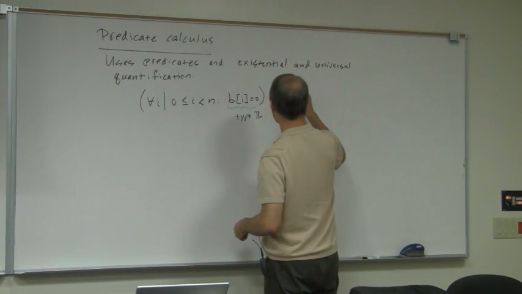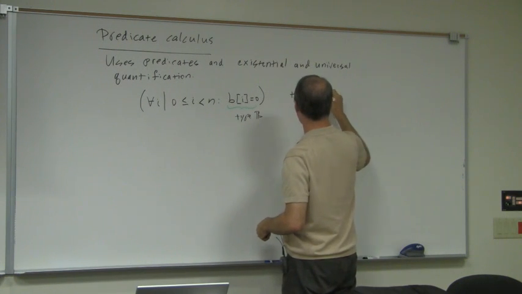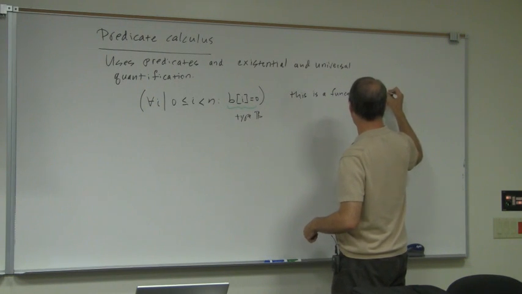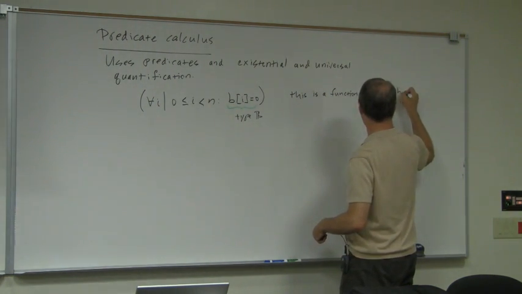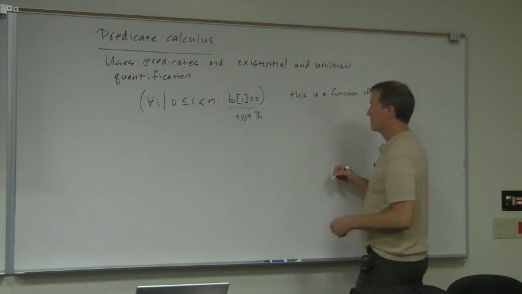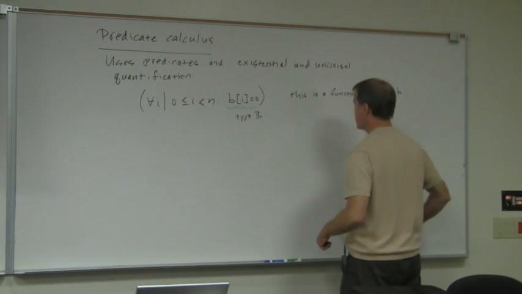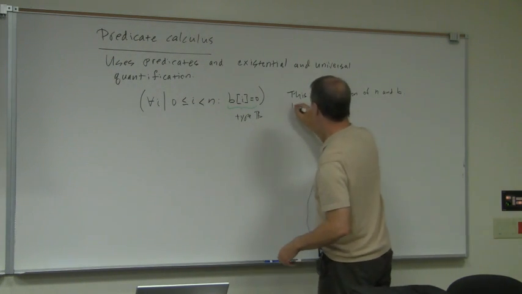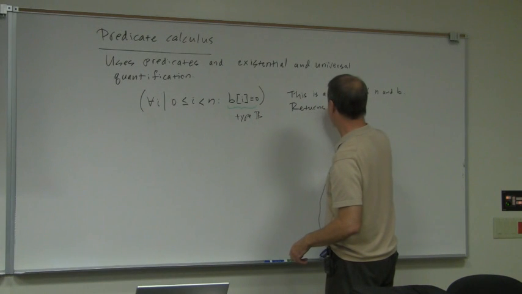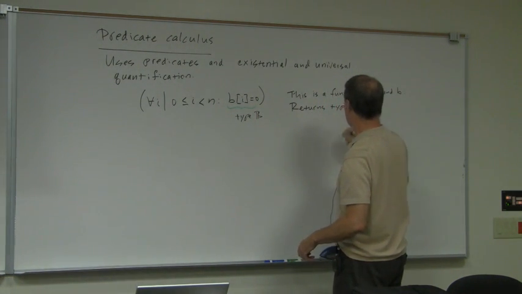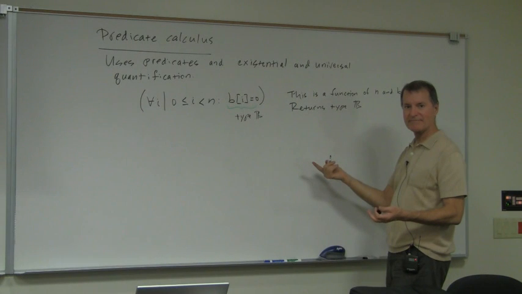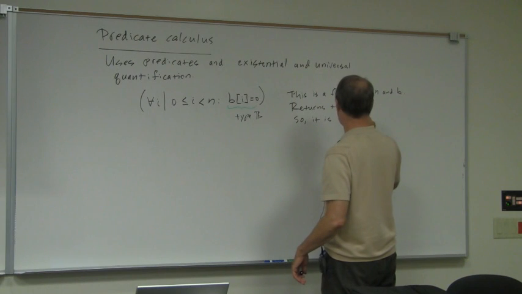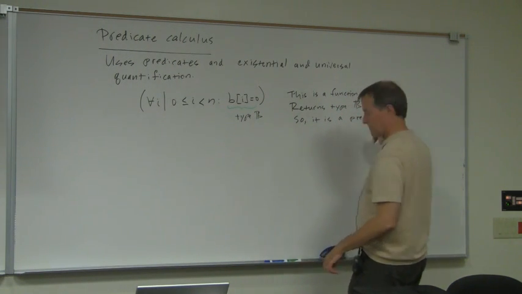This is a function of n and b, and it returns type Boolean. So therefore that makes it a what? Predicate. So it is a predicate.